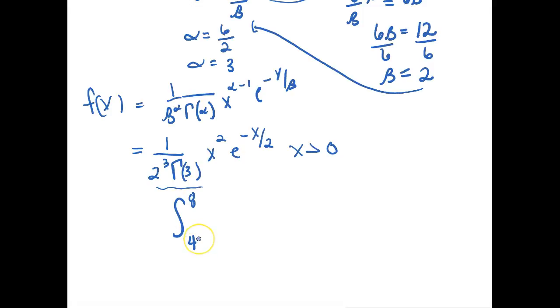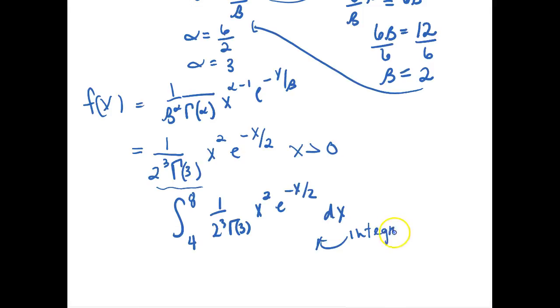So from 4 to 8 of our probability density function, 1 over 2 cubed gamma of 3, x to the second, e to the negative x over 2 dx. To solve this, we're going to have to do integration by parts. That's completely doable, but we're not going to do it in this example. We're going to use our software R instead to solve this problem. So let's go on over to R.